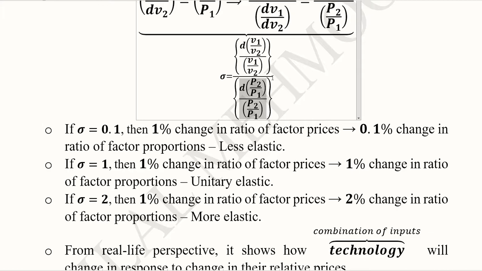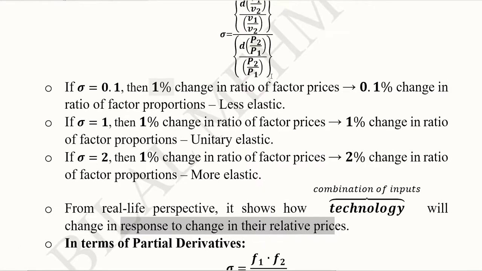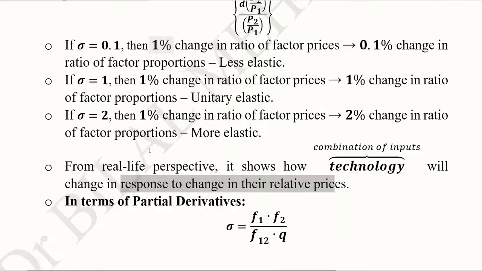The relatively expensive one will be used less as compared to the one which is cheaper. So this situation can also represent a real life perspective. For instance, if technology is defined as the combination of inputs, it will be explained with the help of the changes in the relative prices, just like we tried to explain in this segment.